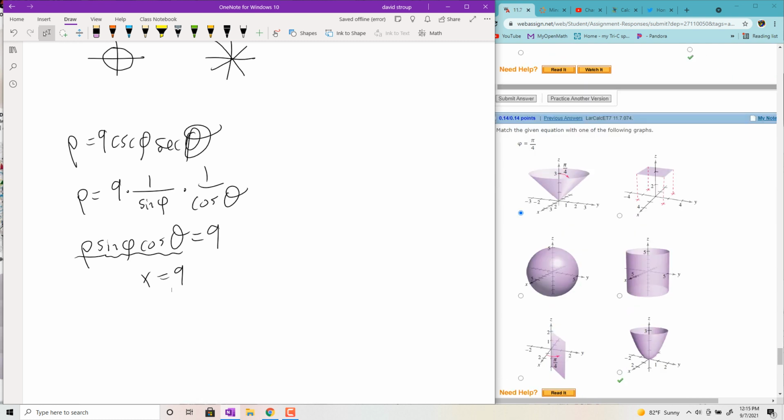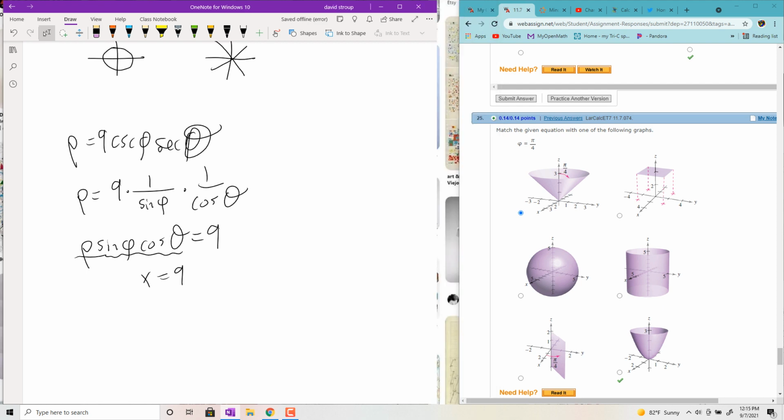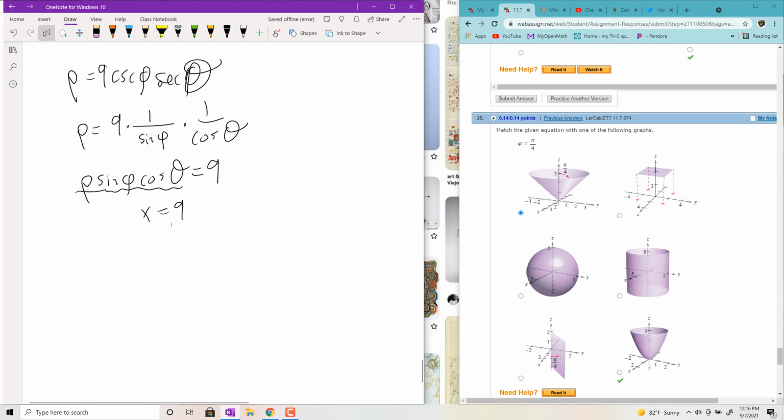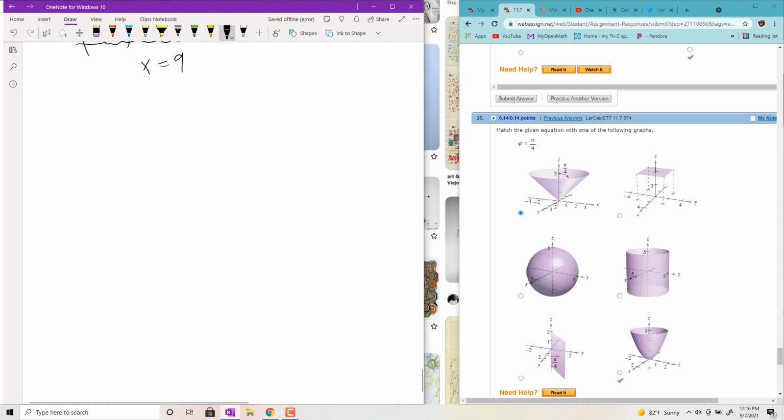Phi equals pi over 4 again. One way to think of phi equals pi over 6 or phi equals pi over 4 is you're letting this angle be theta, and then you're letting this arm rotate in space really quick.